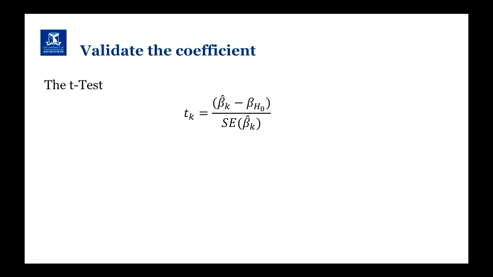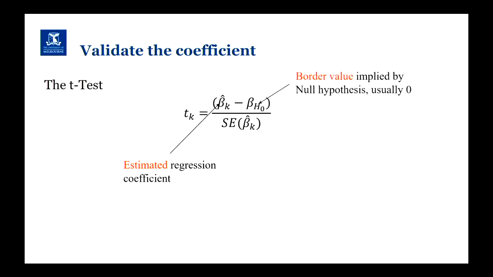That's the estimated coefficient in the estimated model, beta hat, minus the value of the null hypothesis, usually 0, divided by the estimated standard error of the regression coefficients.